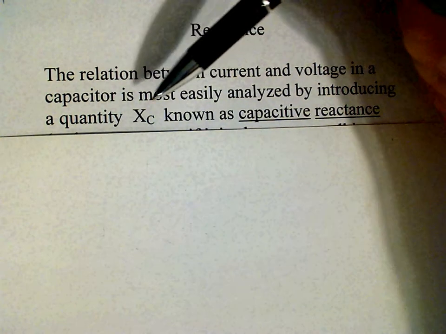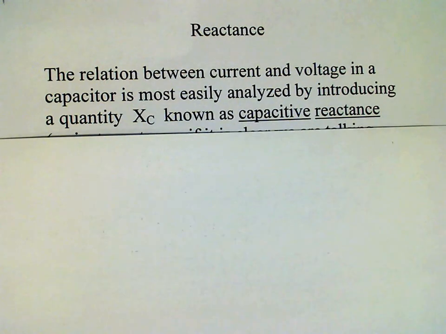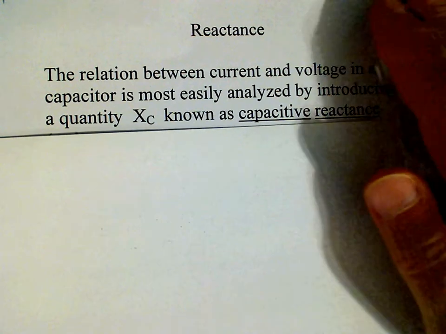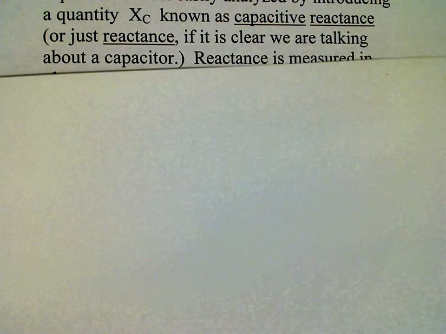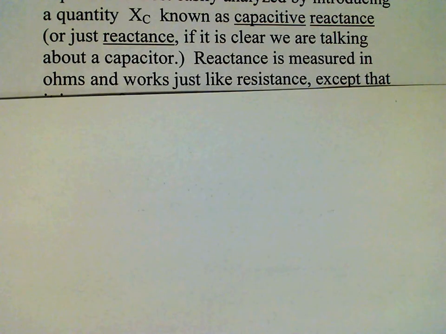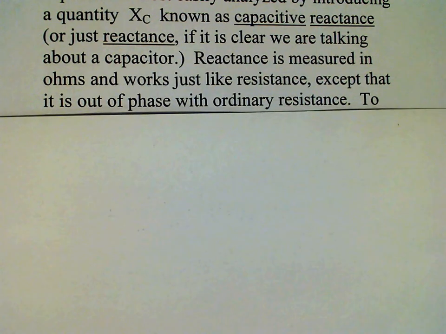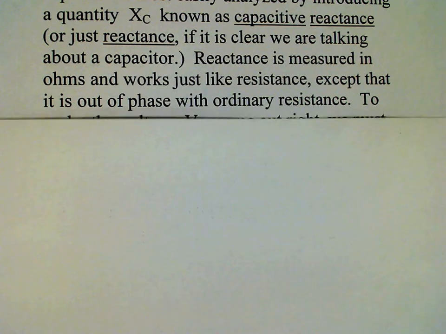This quantity is symbolized by X sub C. If it's clear that we're talking about a capacitor, then sometimes the C is dropped and we just write reactance X.